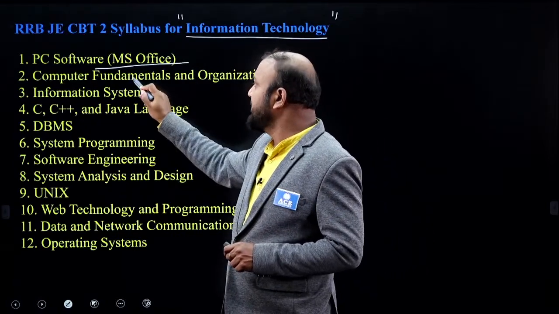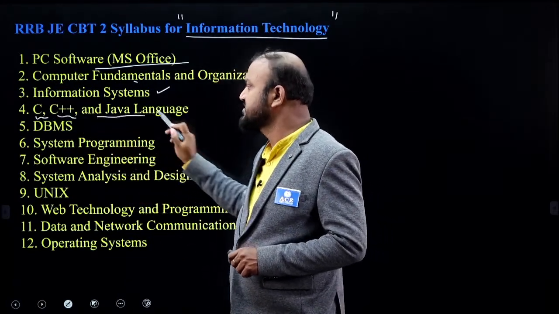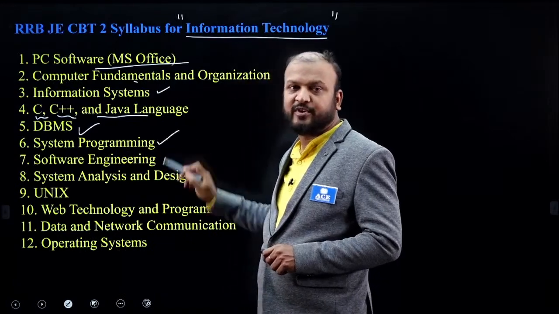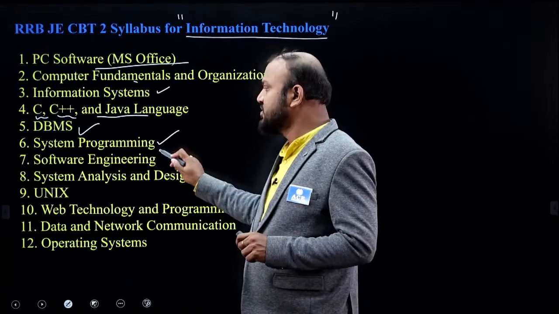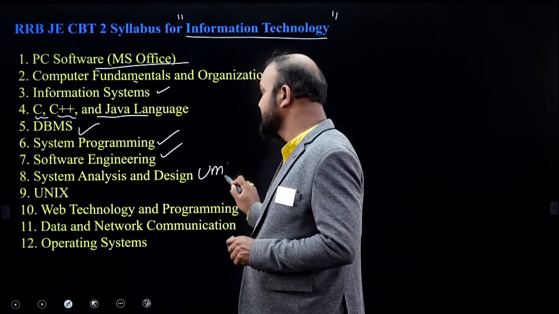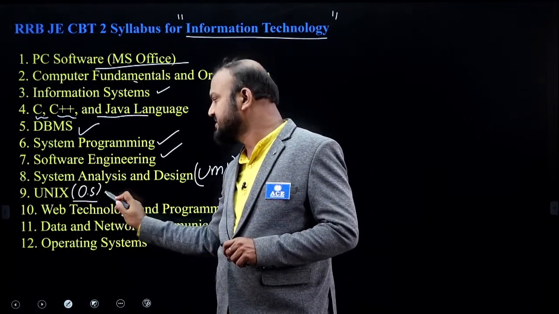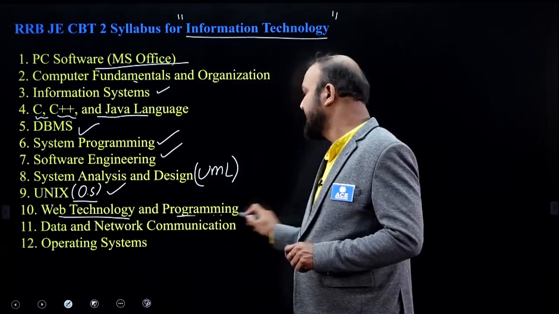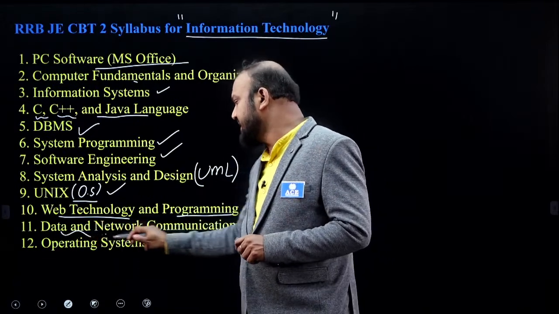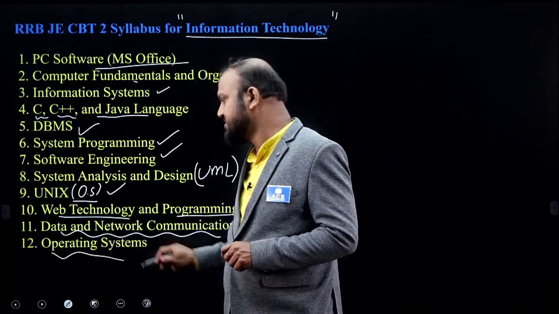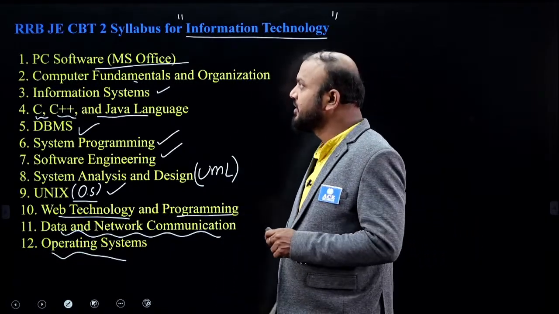Computer fundamentals and organization, information systems and languages like C, C++, Java, databases, system programming consisting of compilers, linkers, loaders, assemblers, software engineering and UML concepts, system analysis and design, operating system more specifically Unix, and web technologies and web programming consisting of HTML, CSS, JavaScript and all, and data and network communications. So these are the topics for RRB JE IT, right?